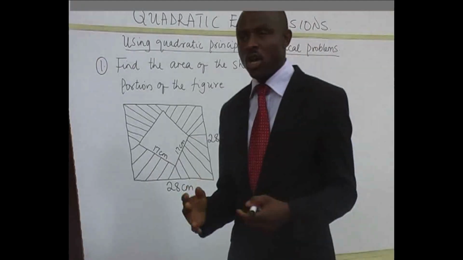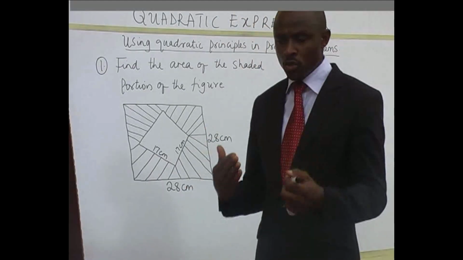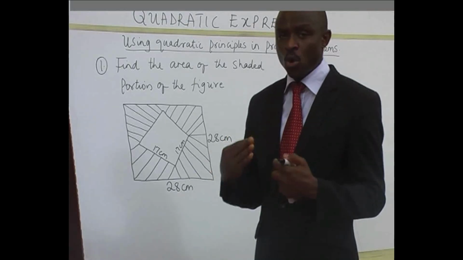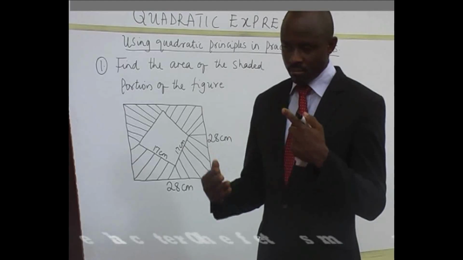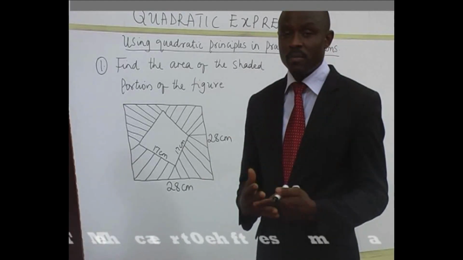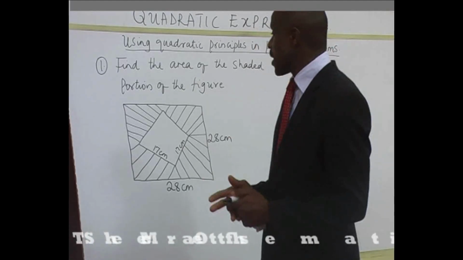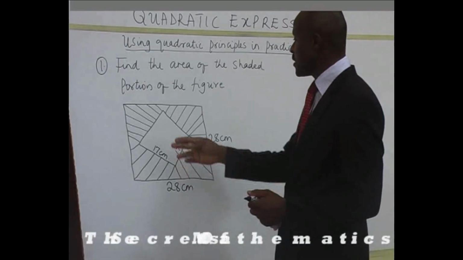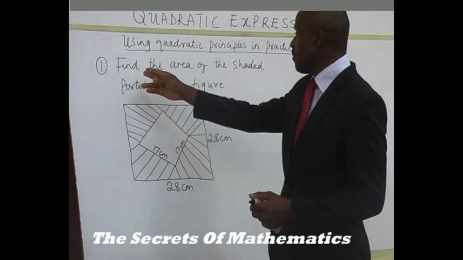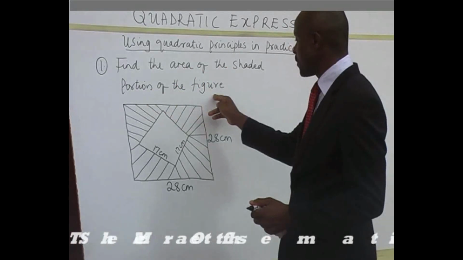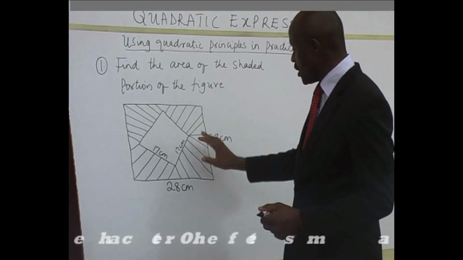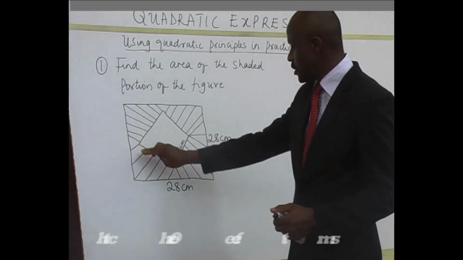Now we are into the concept of using the principles of quadratic expression in solving practical problems. And the first one we want to look into is this question. Find the area of the shaded portion of the figure. The shaded portion is this figure, this side.